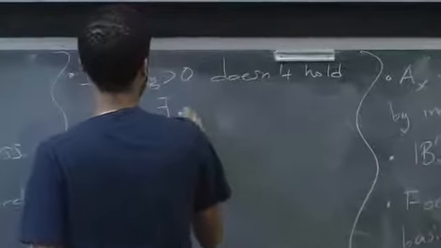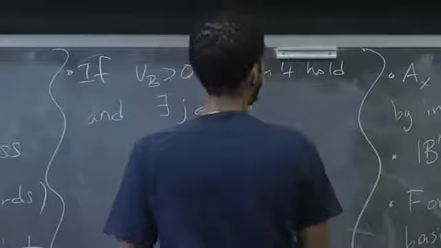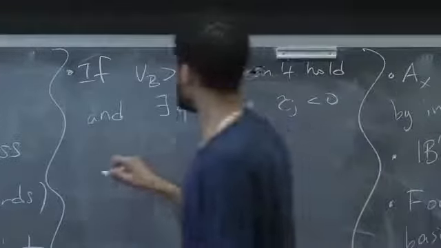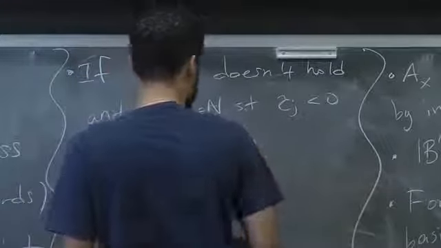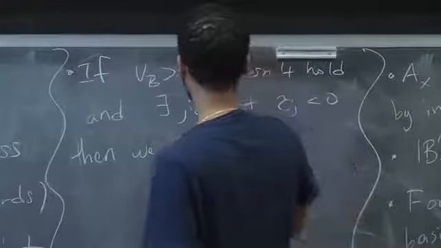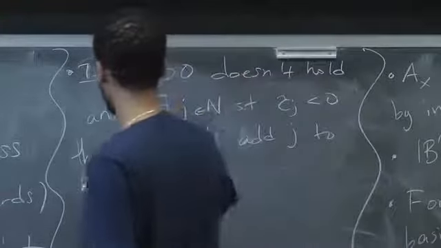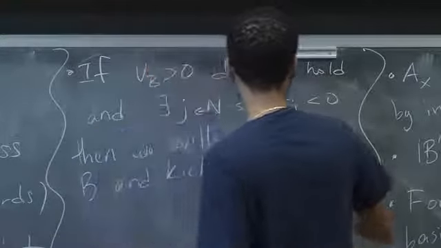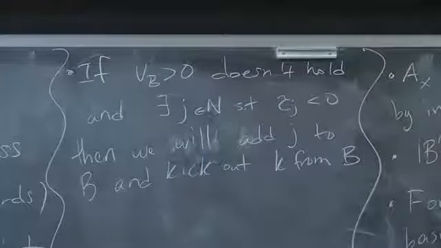If it doesn't hold, and there exists a j in N such that C tilde j is negative, then we will add j to B and kick out k from B. But the question is, which j do you add to B and which k do you kick out?